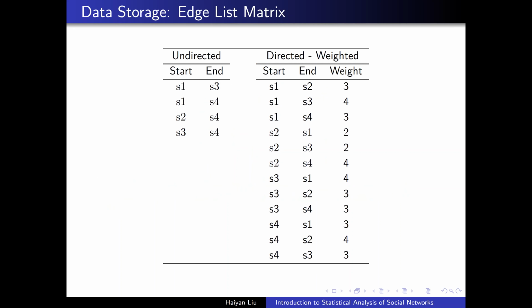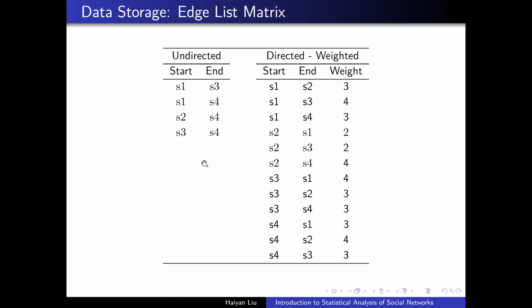Now, in addition to the adjacency matrix, we could also use an edge list matrix. In an edge list matrix, basically we list the pairs of nodes with connections. We put the starting node in the first column and the corresponding ending node in the second column.